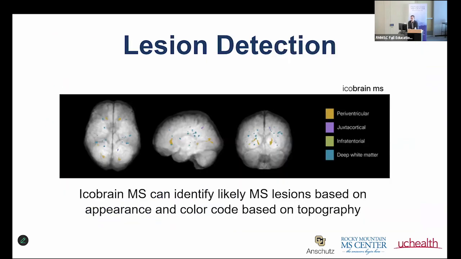The other newer one is to look at lesions. We know that we are often tracking for new lesions or new injury from MS on the MRI scan. This IcoBrain tool can identify lesions with an AI. It can classify them based on the location. This is also very helpful potentially for research purposes.